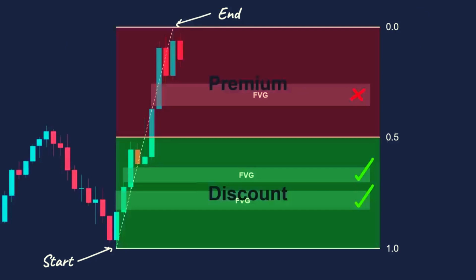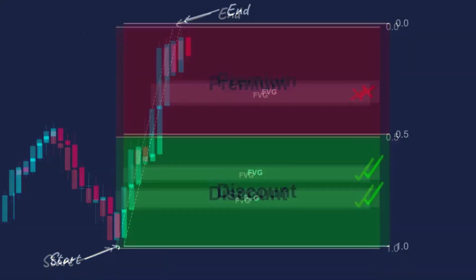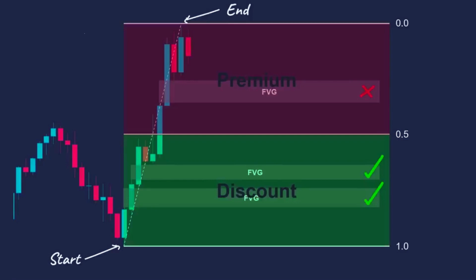The reason is, considering the start and end of the latest impulsive move and applying the retracement tool, these two areas are below the 50% level, known as the discount zone. While this FVG is above the 50% level, the premium side of the range.